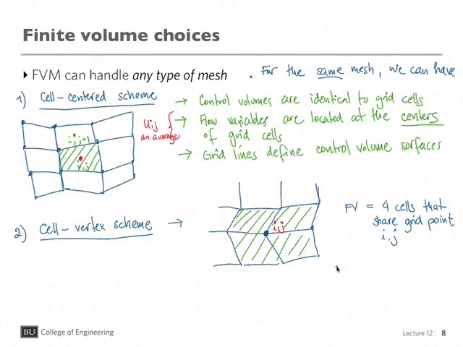For example, let me draw some other options. Let me draw something just more easy. I'm going to draw it just a little bit more regular, just to make it easy on me. And I'll do these lines, I'll skew them a little bit. And suppose I have as my mesh point now this one over here.